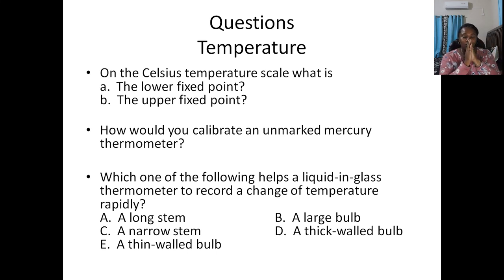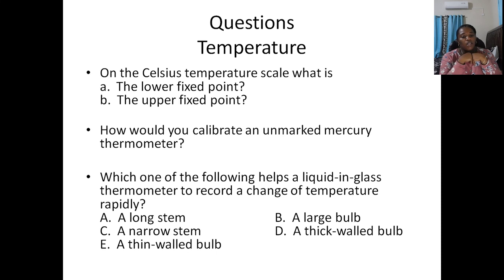Correct. You would dip it in pure ice to get the lower limit, which is 0 degrees Celsius, and then you would raise it above boiling water to take the temperature of the vapors, pure boiling water at that, to get 100 degrees Celsius. Then you will calibrate 100 equal divisions in between them.